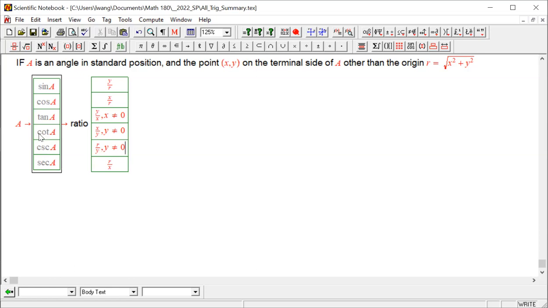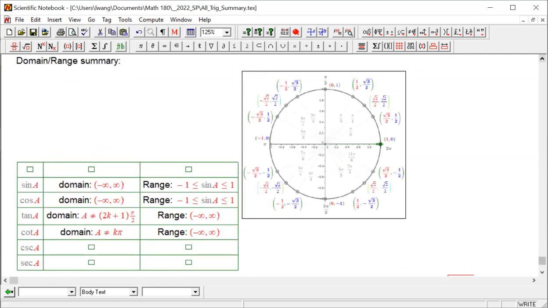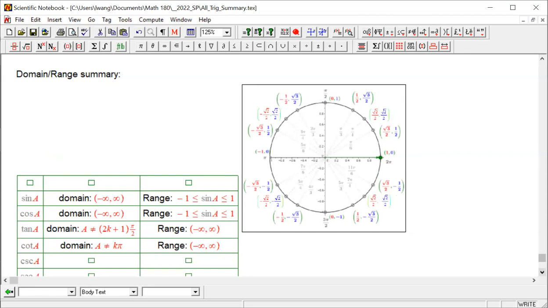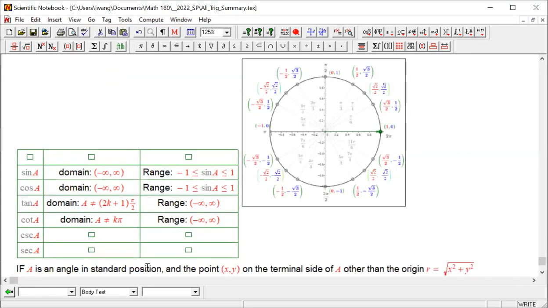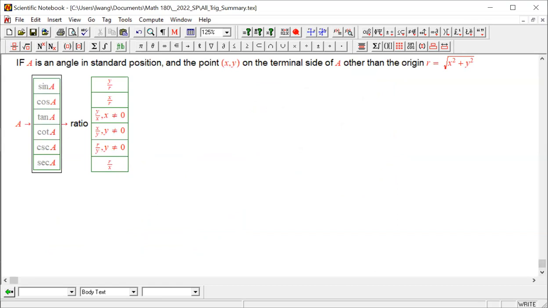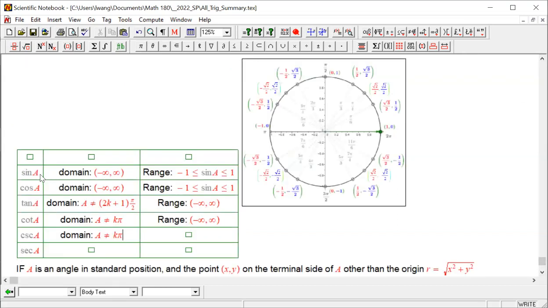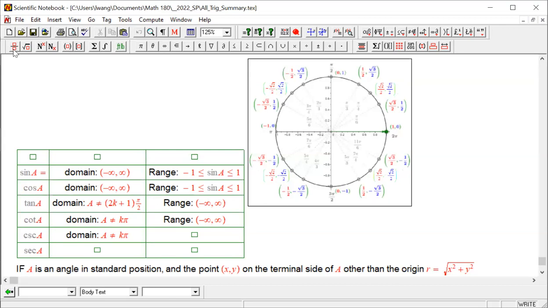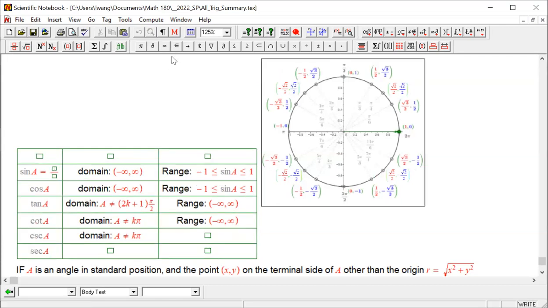In fact, cotangent and cosecant should have the same domain. Therefore, we know the domain of cosecant is the same as cotangent, because of the way they're defined. So here, I'm going to just put the definition here so we can see better instead of rolling up and down.